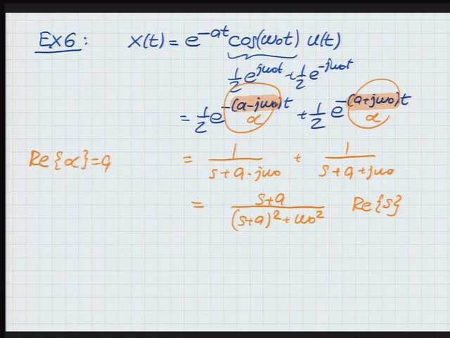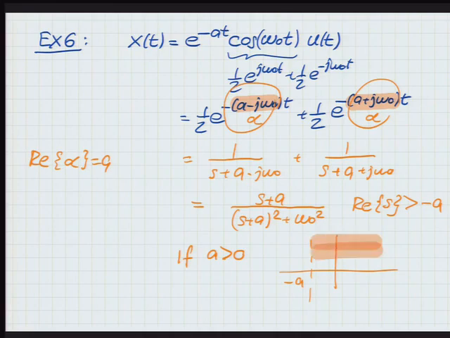So therefore I need real part of s to be bigger than negative a. So if a is positive, then the ROC is going to be to the right of this line, which means that it does include the imaginary axis. So the conclusion is if a is positive, this actually does have a Fourier transform as well.